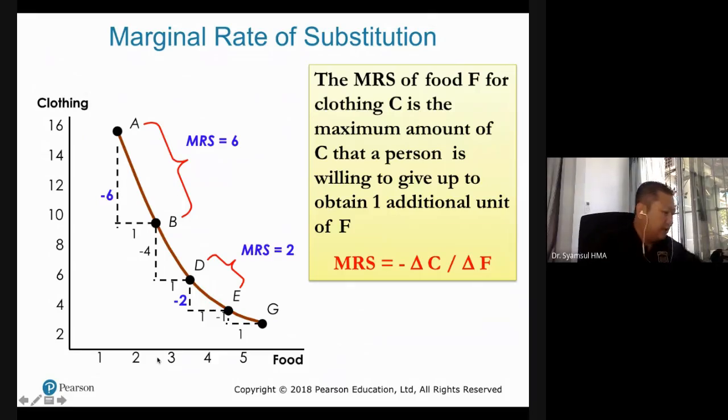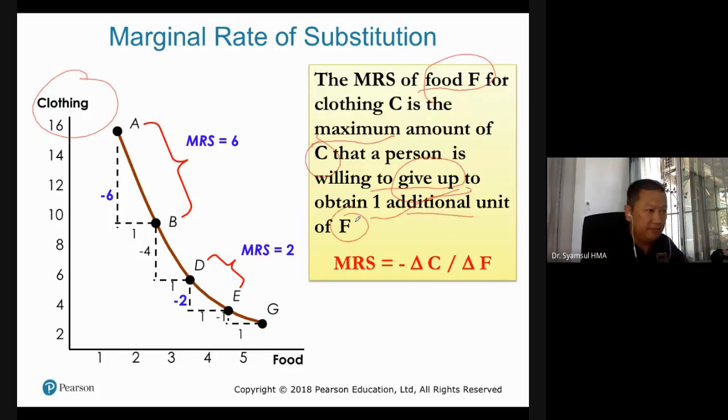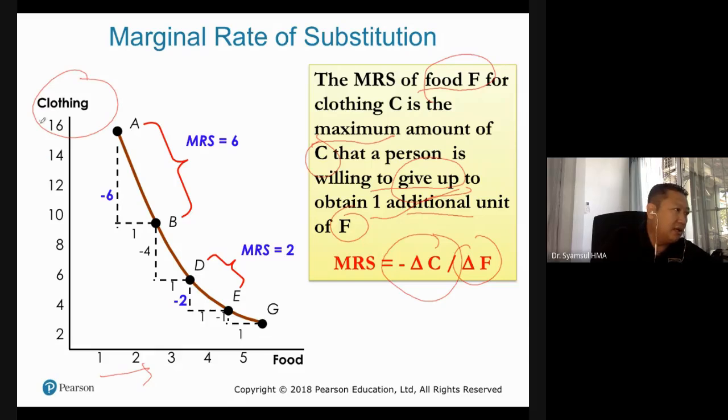Now, this is an example. Again, the MRS of food for clothing is the maximum amount of clothing C a person is willing to give up to obtain one additional unit of food F. So MRS is the change in clothing for 1 unit change in food.